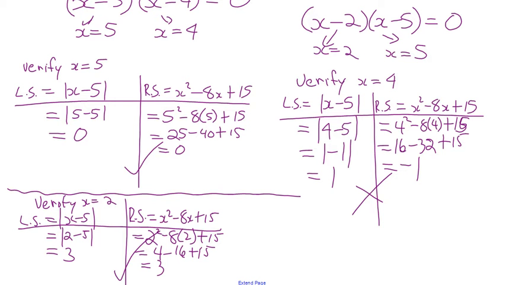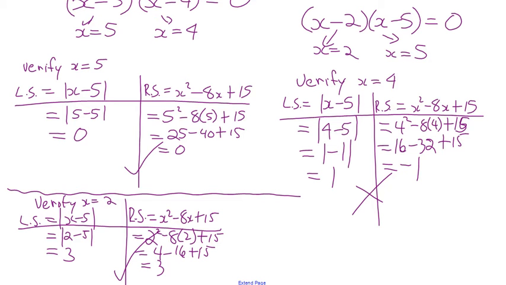And again, you can graph this. So we could solve this graphically. I'm not going to, but the left side, equation 1, is the absolute value of x minus 5. Equation 2 is x squared minus 8x plus 15. Find the x coordinates of the points of intersection.